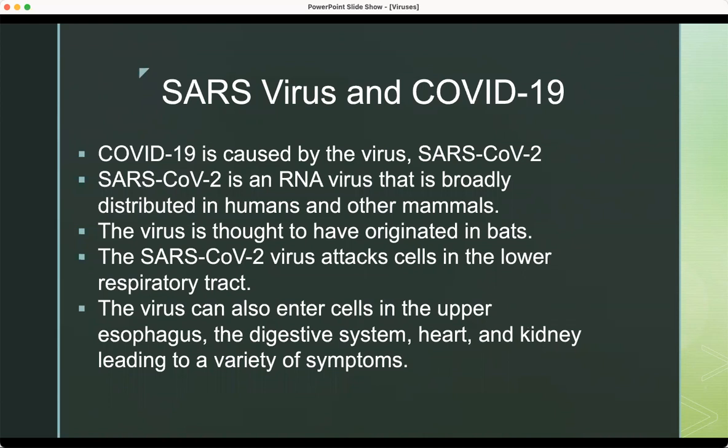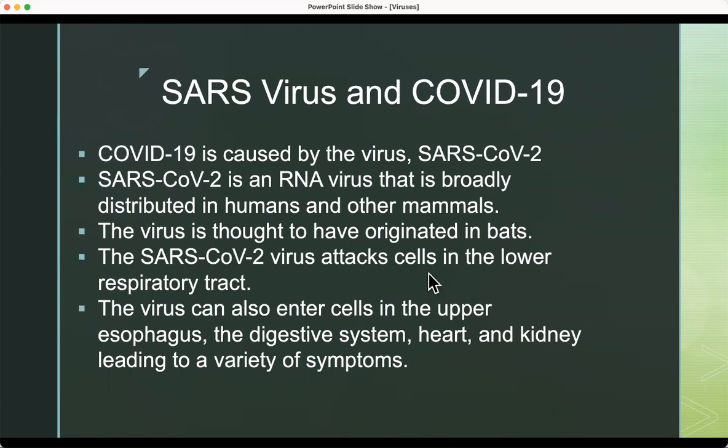And I'm not saying that people were necessarily eating bats, but they were in close contact with them. So SARS attacks cells in the lower respiratory tract, but we've also found that it can enter cells in the upper esophagus, the digestive system, heart, and kidney. That is why you see so many different symptoms of COVID-19.